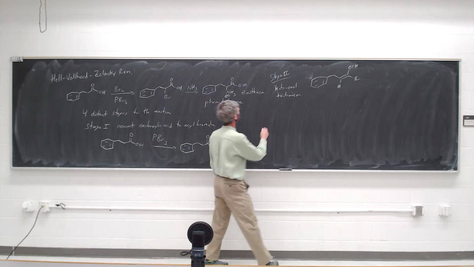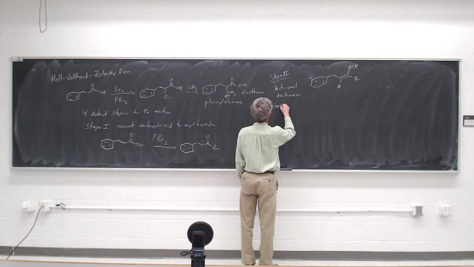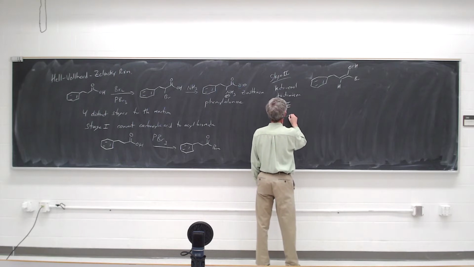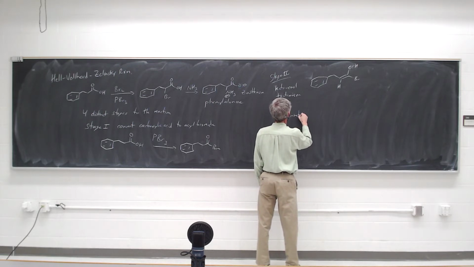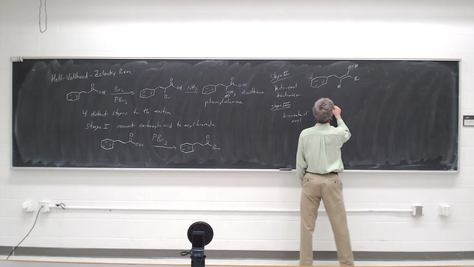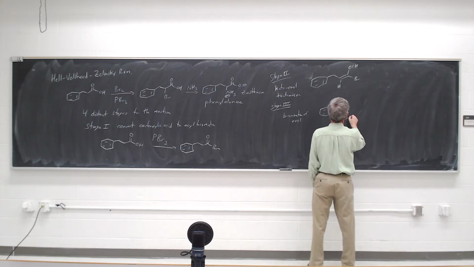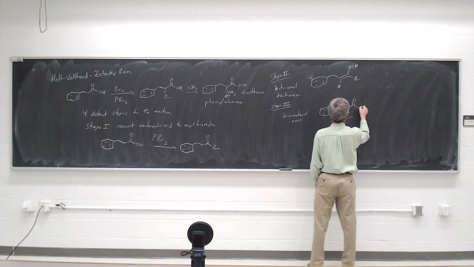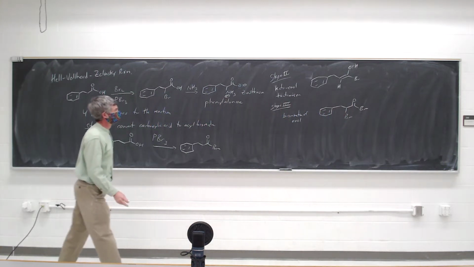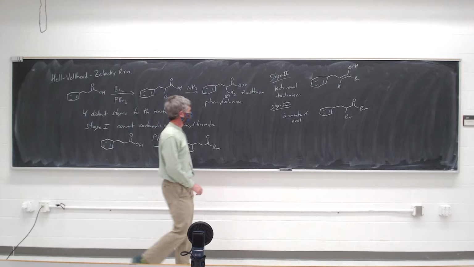Stage 3 is to brominate that, to make the alpha bromo compound.